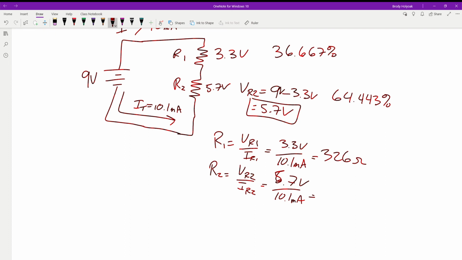Yep, that's what I was thinking. I think you did probably 0.011. Oh, yes. So we end up with, we need a 326 ohm resistor, and we need a 564 ohm resistor.